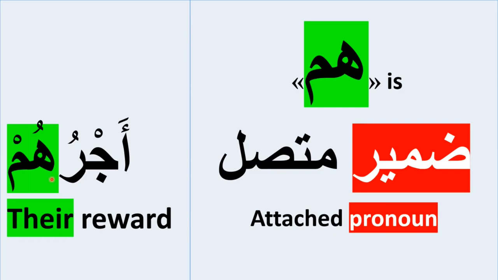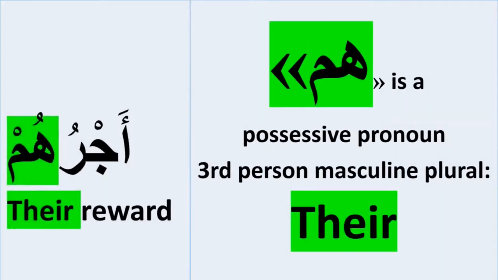Hum is a ضمير متصل, attached pronoun. أجر, reward. Hum, their. أجرهم, their reward. Hum is a possessive pronoun third person masculine plural, their.